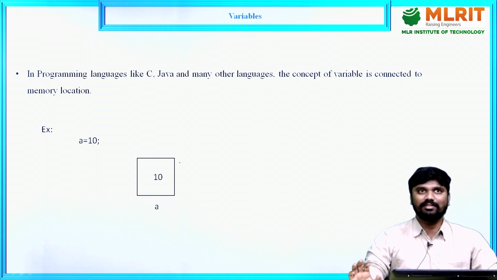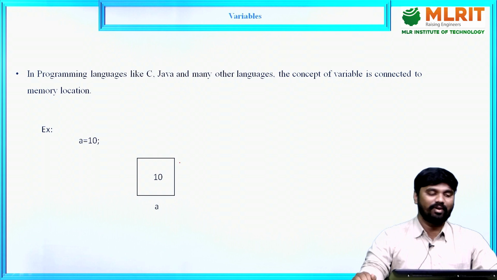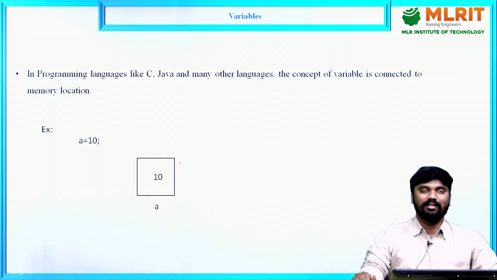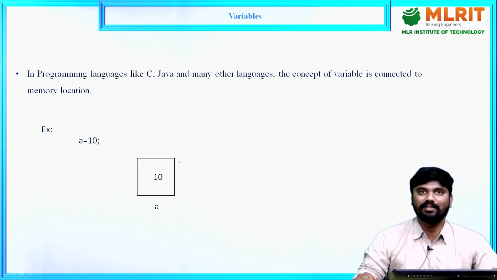But technically, a variable is a memory representation of a value. That means a variable is a memory address, the address of the value.